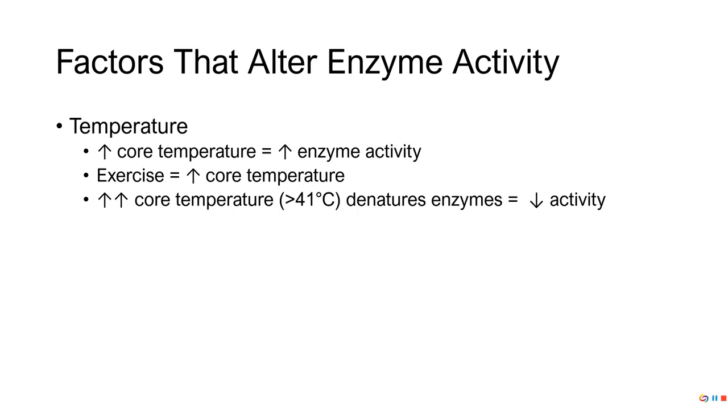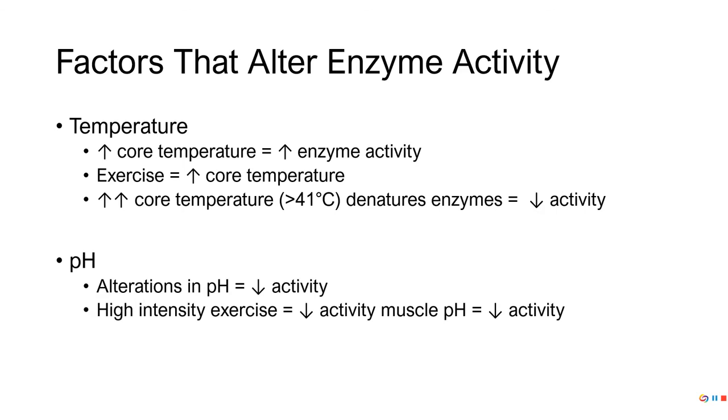However, if core temperature gets extremely high, so above 41 degrees Celsius, then enzyme activity begins to decrease because those enzymes start to break. Similarly, exercise causes pH to decrease, or we become more acidic. This ultimately decreases enzyme activity because that increased acidity will break down the proteins which make up enzymes.